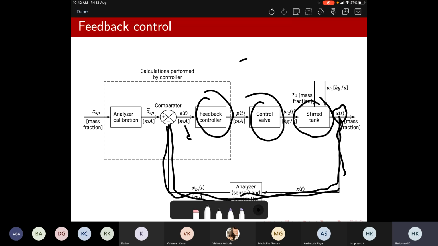Basically, there are three things. So process variables would have their own units. If it is a concentration, it would have its unit. Let's say it is a temperature, it would have its unit.